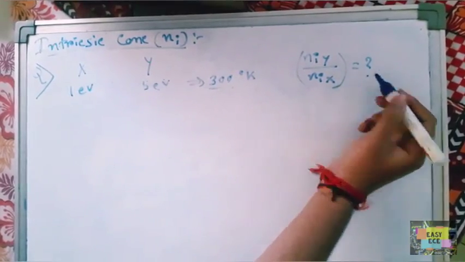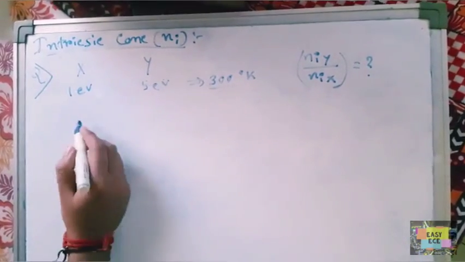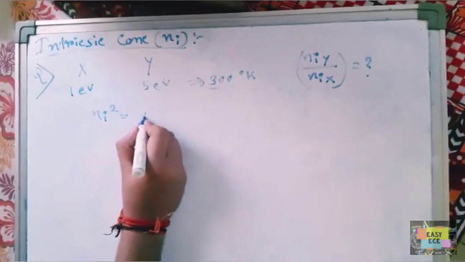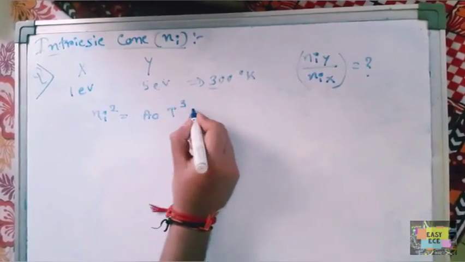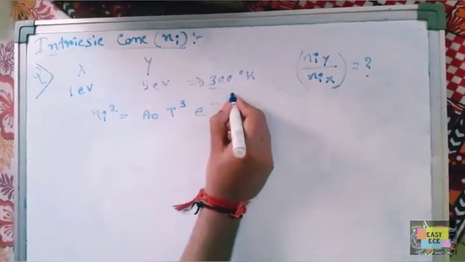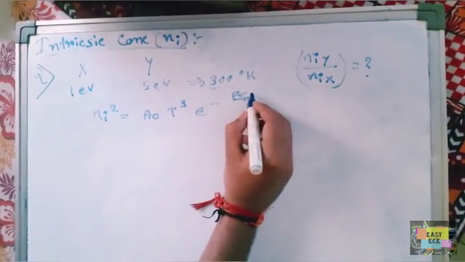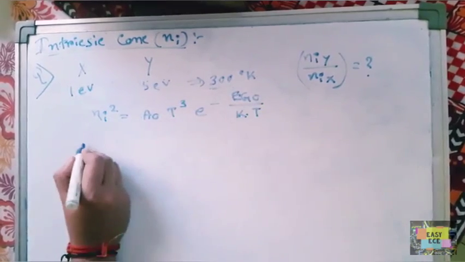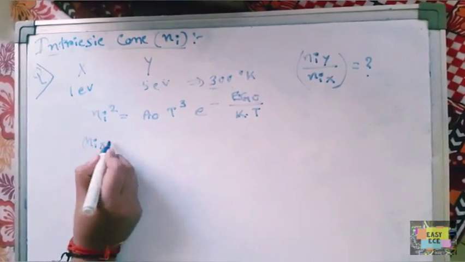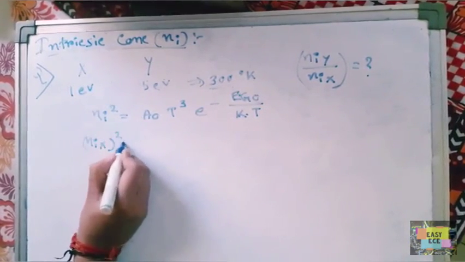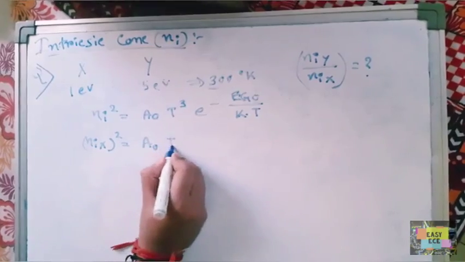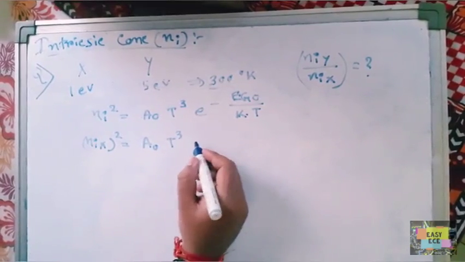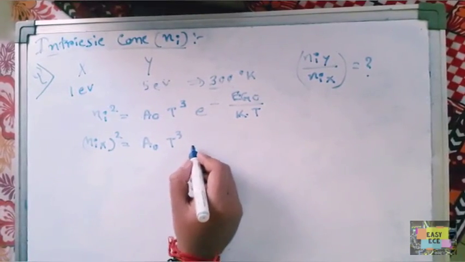Now as we know, for Ni square the value is A0 T cube into e to the power minus Eg at 0 Kelvin by kT. Now for X material, Ni square equals A0 T cube, and as T is 300 by 300, it is always 1.